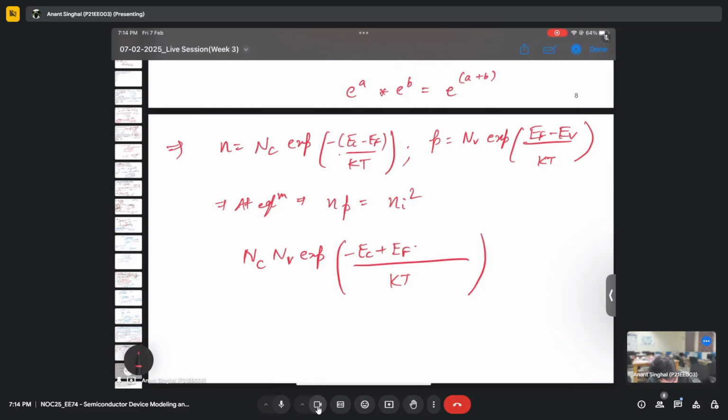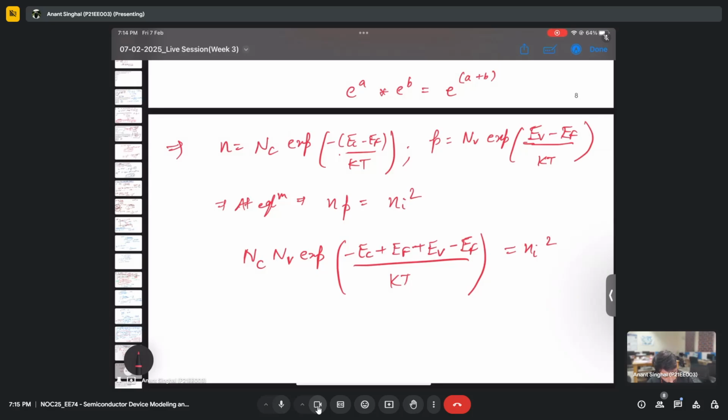It is minus EC plus EF. I've written something wrong, I guess. Oh, sorry. This is EV minus EF, plus EV minus EF. This is ni square. Any doubts in this?